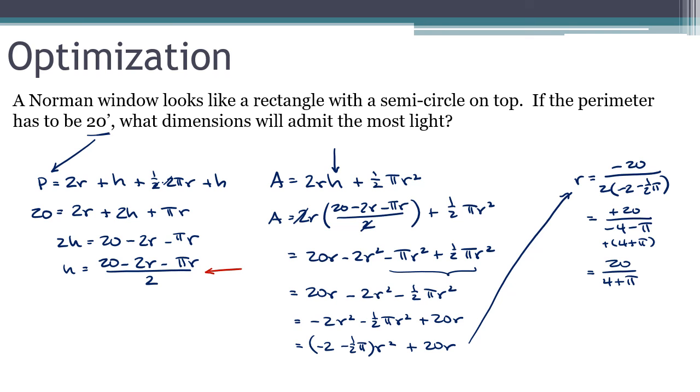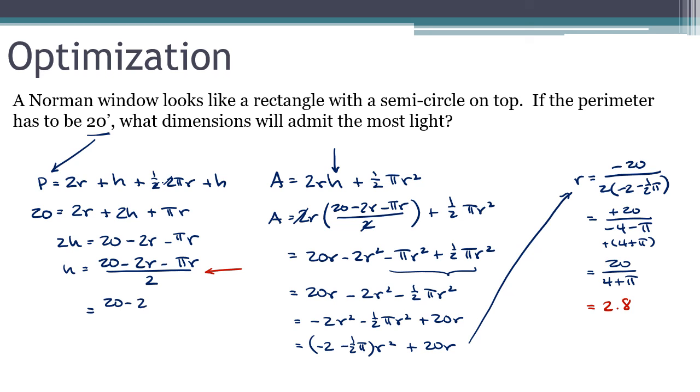Sorry, let me do this again. 20 divided by 7.1415926. That's more like it. It comes out 2.8004957. So I'm going to say this is 2.8. Then you can come back over here, put 2.8 in here.